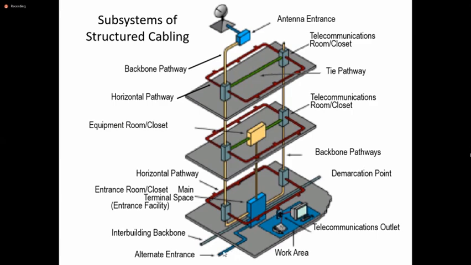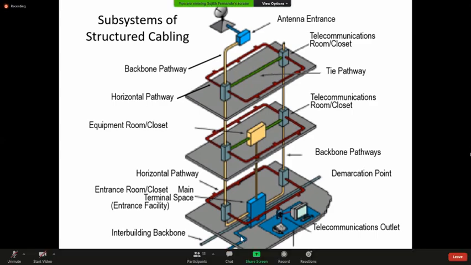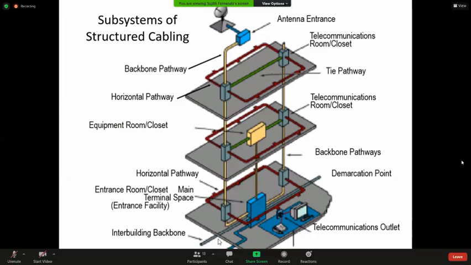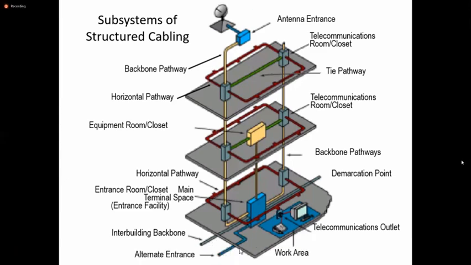This is where it enters the building. It says alternate entrance, so there is actually a backup link. You have two links which enter the building: one is the main link and the other is the backup link. In case the main one gets damaged, you can use the additional link to connect to the other buildings, right?